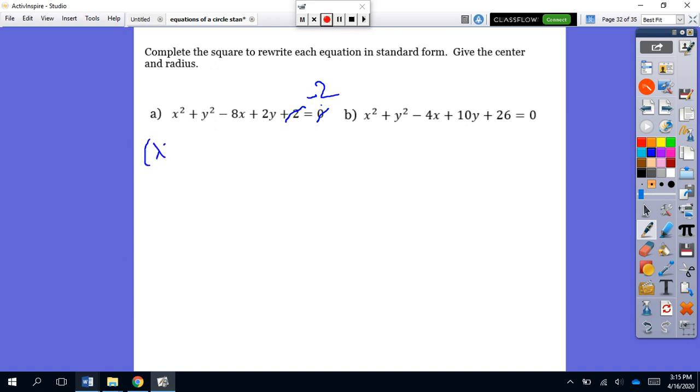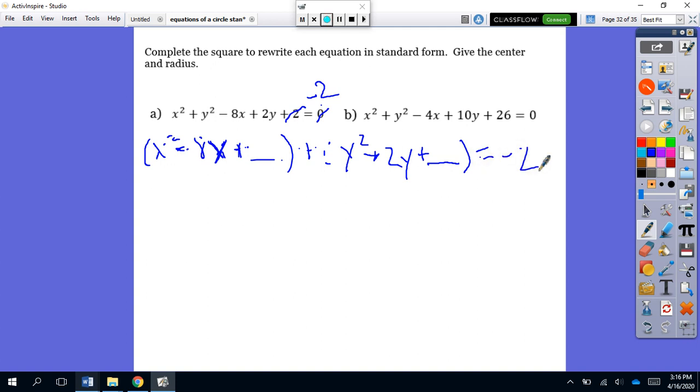So you've got x squared, now it's minus 8x plus blank, and then y squared plus 2y plus blank. And that's going to equal negative 2.